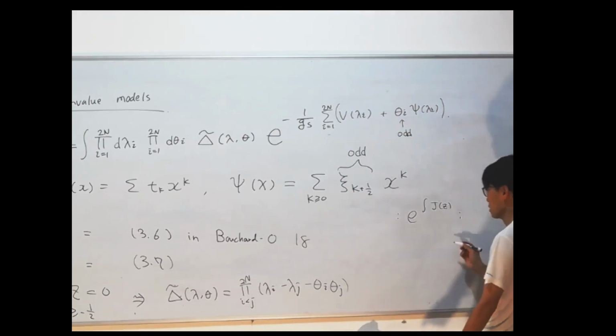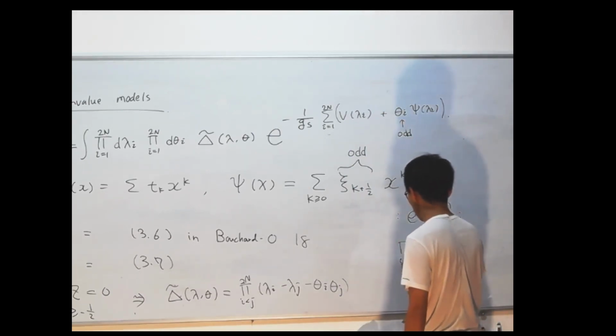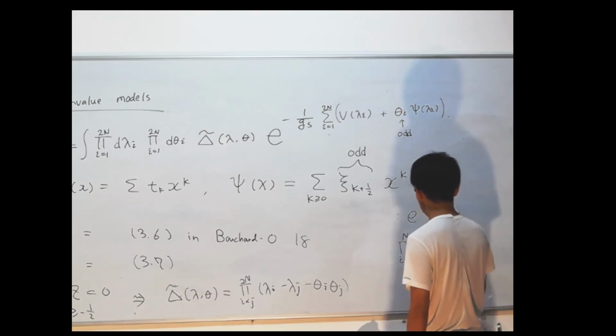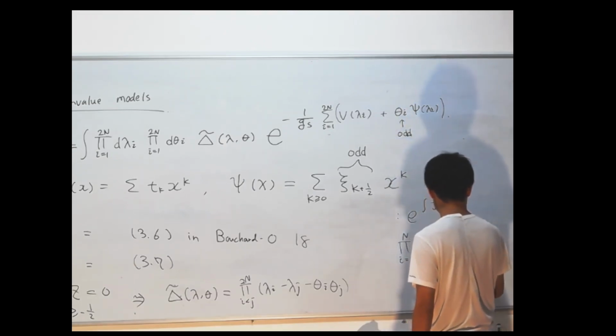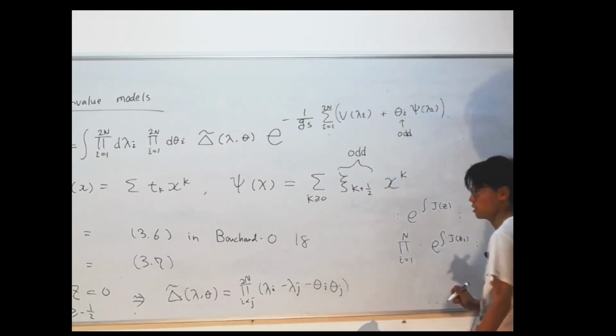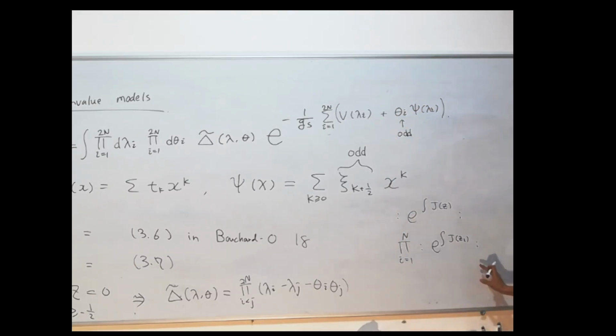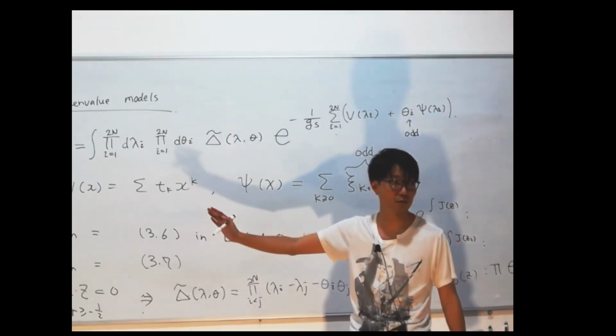Okay, and then now you take this, and you think about normal ordering of this operator, you actually find exactly the bosonic Van der Waals. Okay, this is another way of finding bosonic Van der Waals.